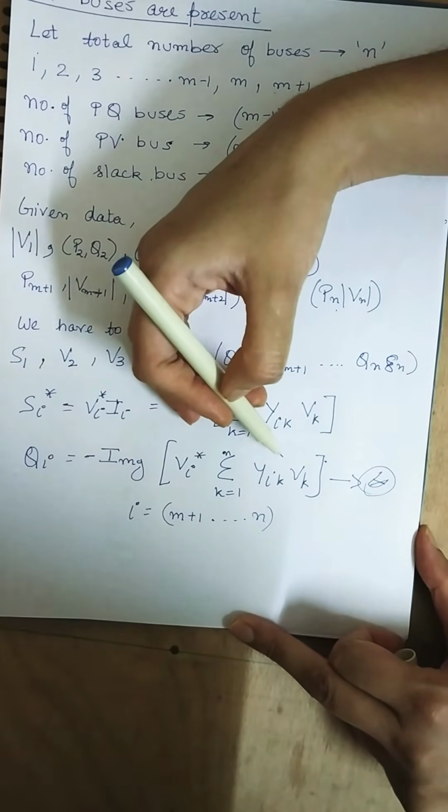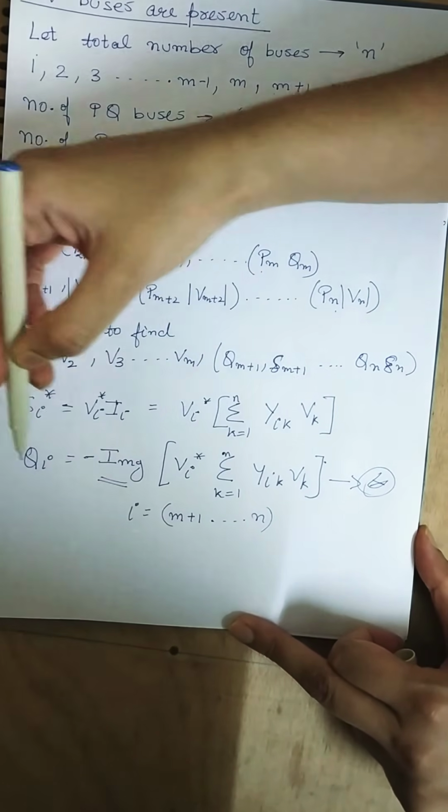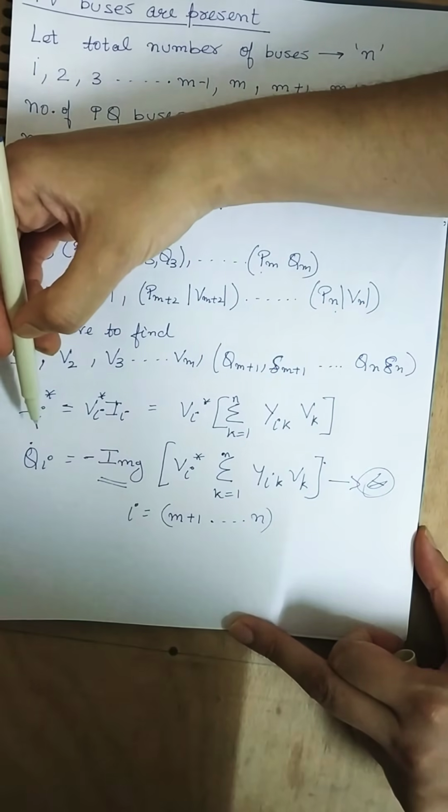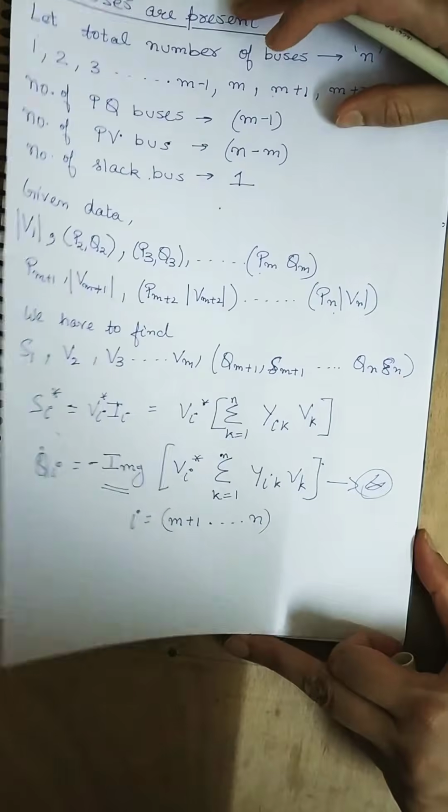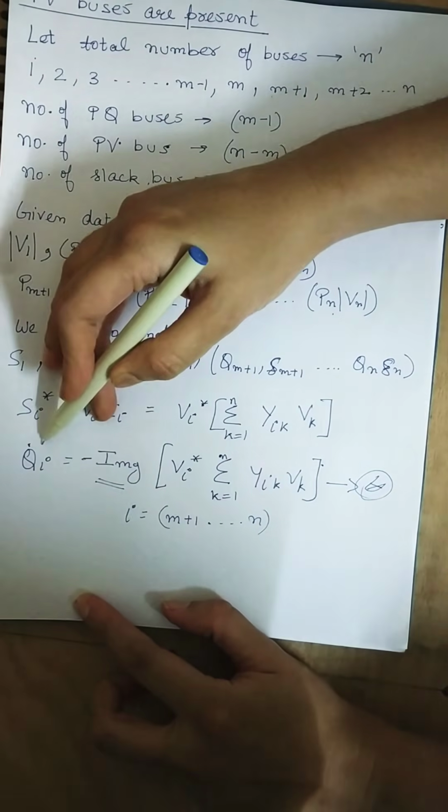In that equation, the imaginary part shows the reactive power. So we will take iterations for this reactive power and find the answer.